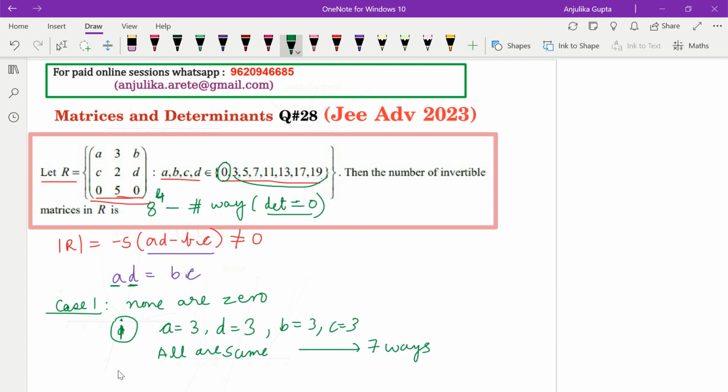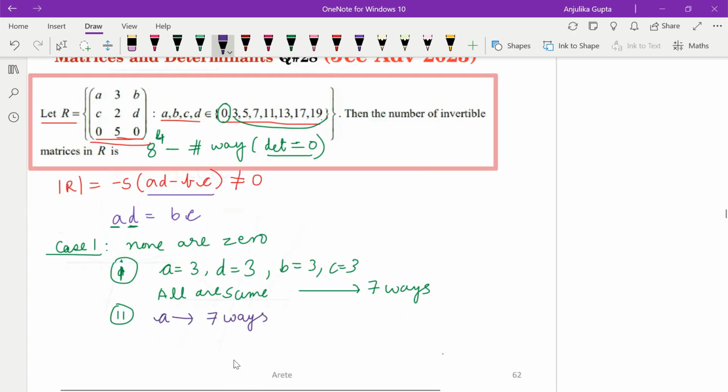Now let's say case 2, under case 1, in which A and D are different. A you can choose in how many ways? There are 7 total possibilities. If you have chosen A, then how many ways can you choose D? 6 ways, because you don't want the same. Now if you have chosen A and D, B and C are fixed.